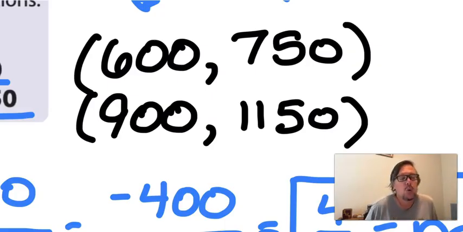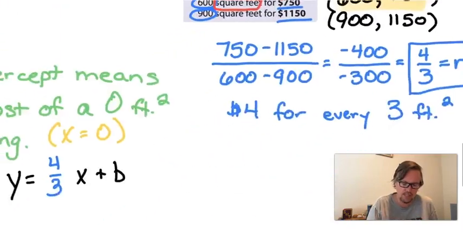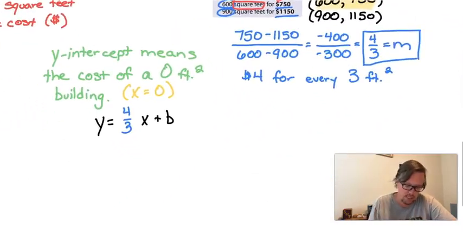Which one of those should I use? Should I use 600, 750, or should I use 900, 1150? Well, if I can use either one, I think I'm going to use the one that has the smaller numbers. I'm going to use 600, 750. They're both okay. Let's use the little numbers. So let's go ahead and do 600, 750.